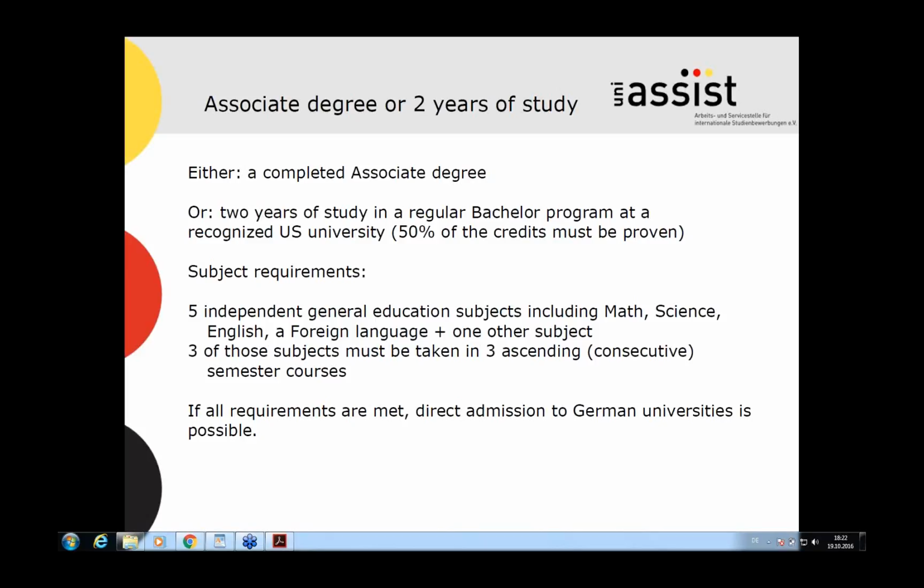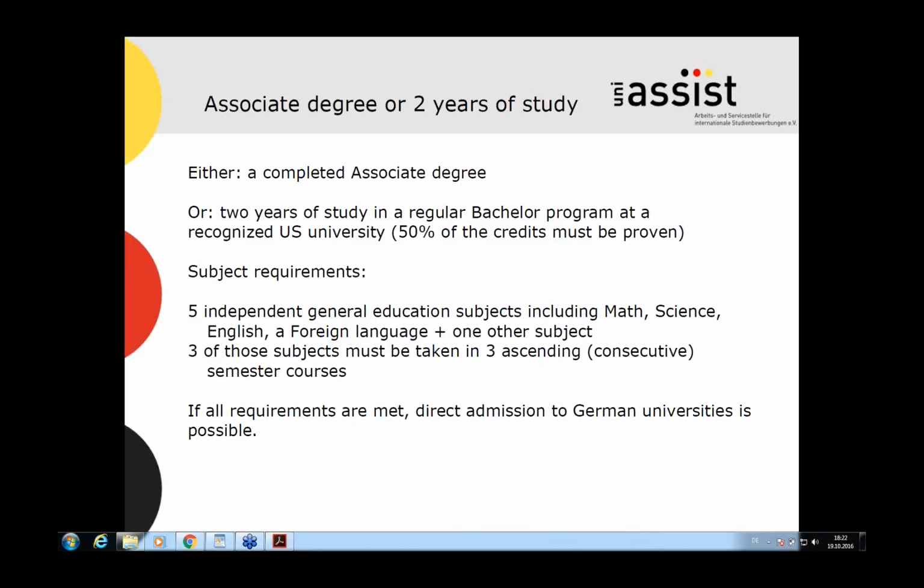You need 5 independent general education subjects, including math, science, English, foreign language, and 1 other subject. And the second part, what is very important, 3 of those subjects mentioned must be taken in 3 ascending consecutive semester courses.